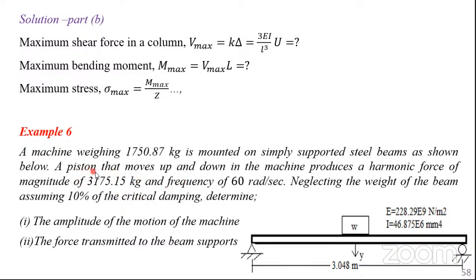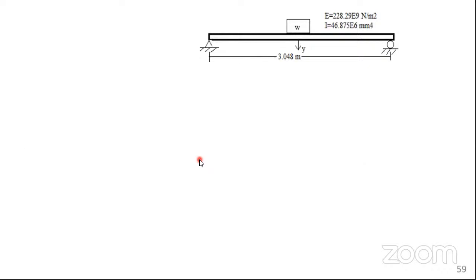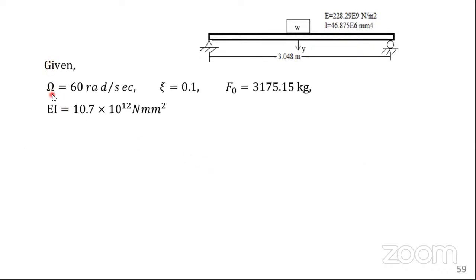Looking at this equation, I wanted somebody to give me what is the F naught, what is omega, what is exact, and any other component that is given. But I have already done that for you here. You're given omega, xi, F naught, EI.